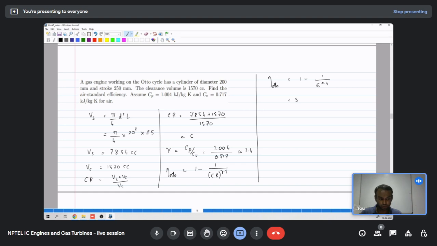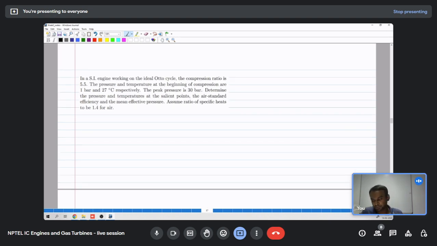So this is 51.16%. I hope this problem is straightforward. So I'll move on to the next problem.